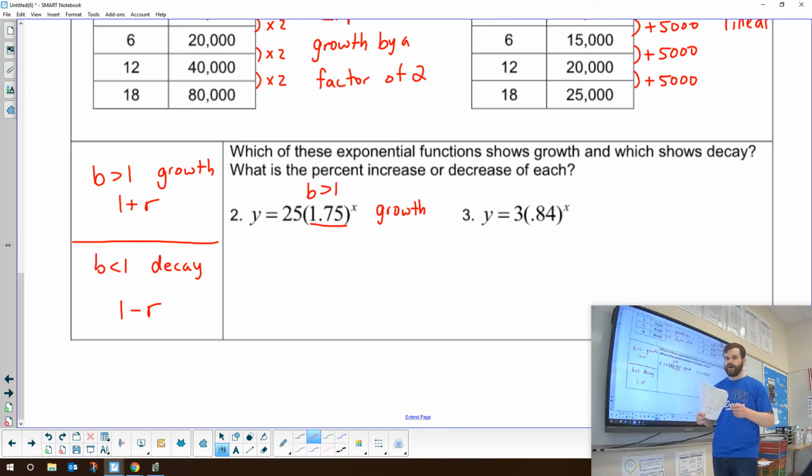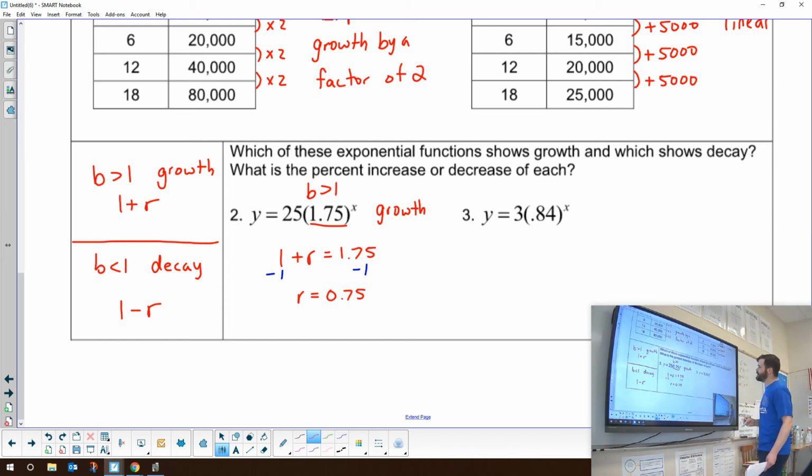So to figure out how much I'm growing by, what we're going to do is use this little guy. Since it's a growth, we're going to use this 1 plus R is going to equal my base. So we're going to go 1 plus R equals 1.75. And to find my growth, we're going to minus 1 from both sides, and we're going to get my rate equals 1.75 minus 1 is 0.75.